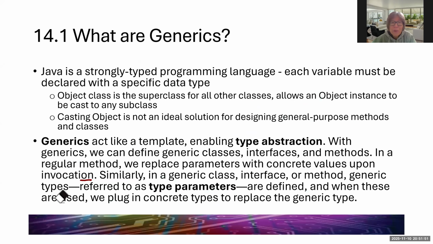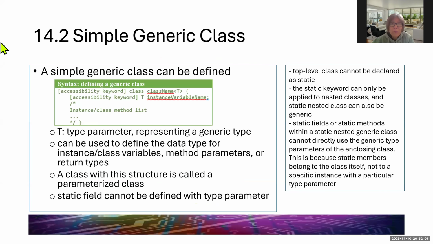In Java, we call them generics. In other programming languages, like C++, it's just called a template. Previously we said generics can be applied to class, interface, and method. So let's first take a look at the syntax requirement for a generic class.